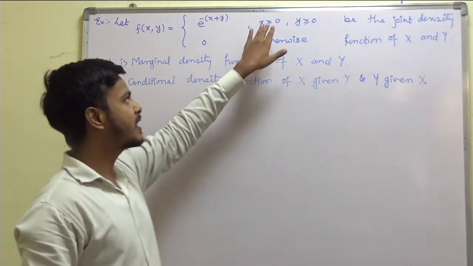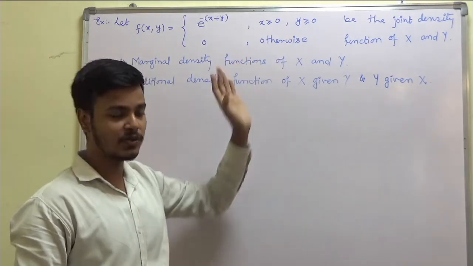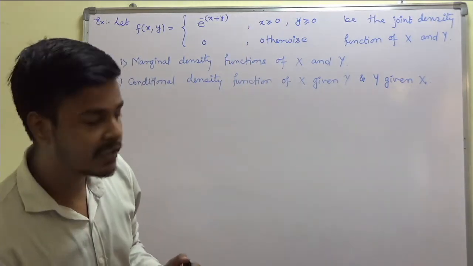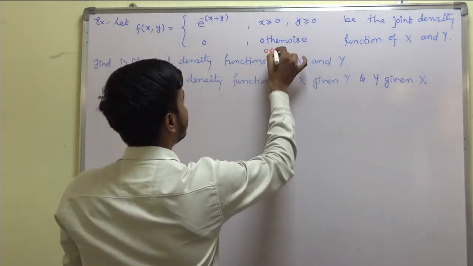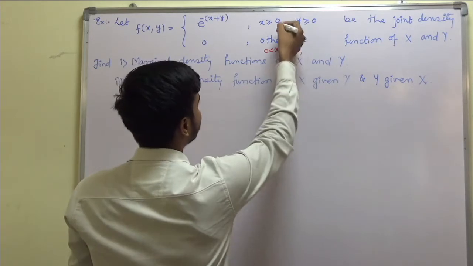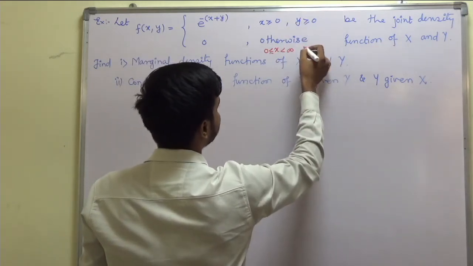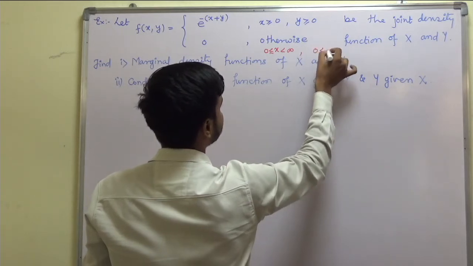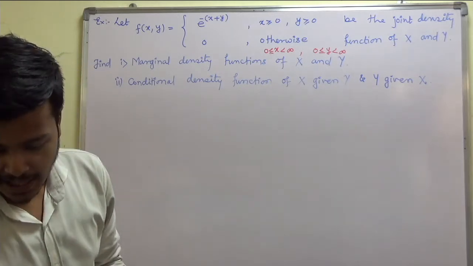Sometimes the values are explicitly given to you, sometimes a range will be given to you. So what is the meaning of x greater than equal to 0? It is like 0 less than equal to x less than infinity, and for y greater than equal to 0 it would be 0 less than equal to y less than infinity. Okay, so these are the things we have.